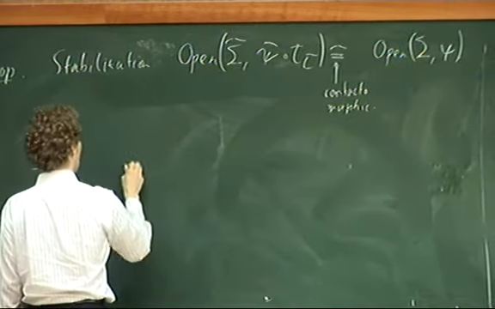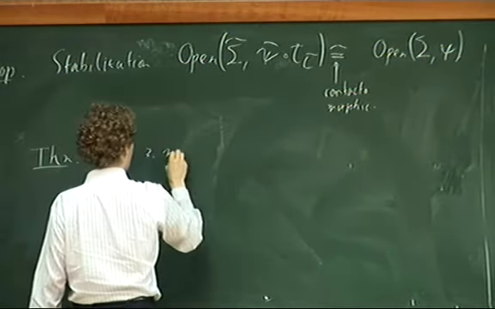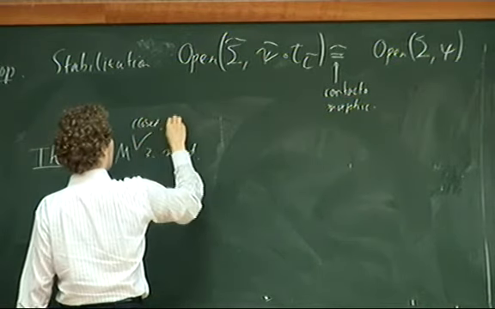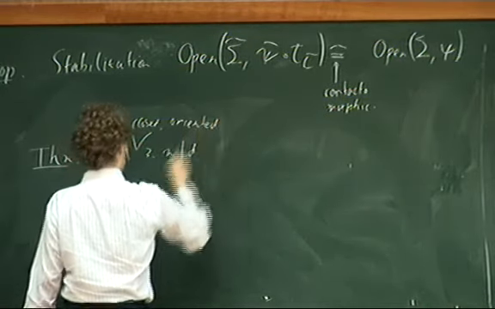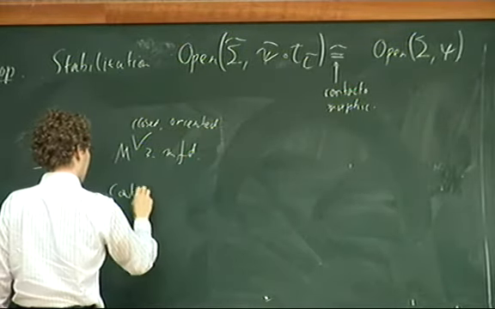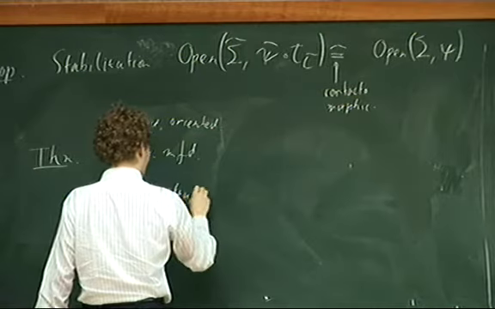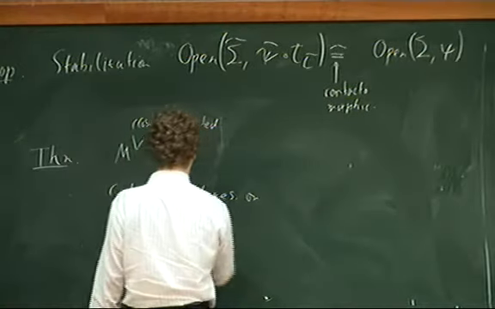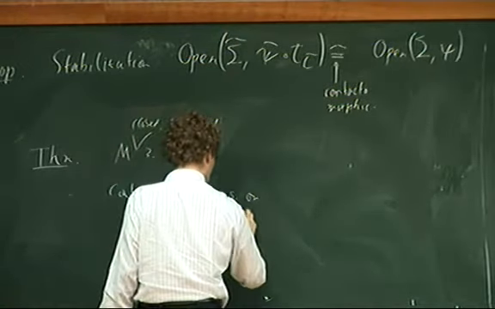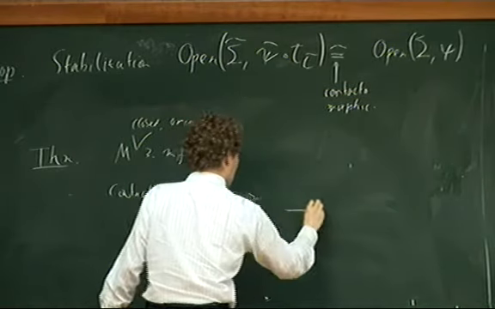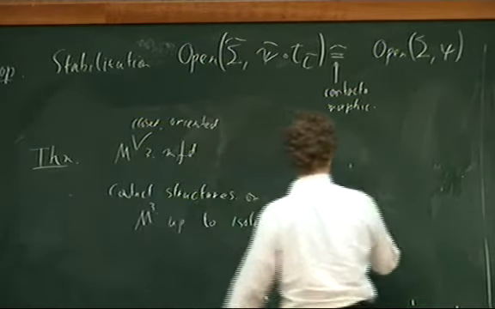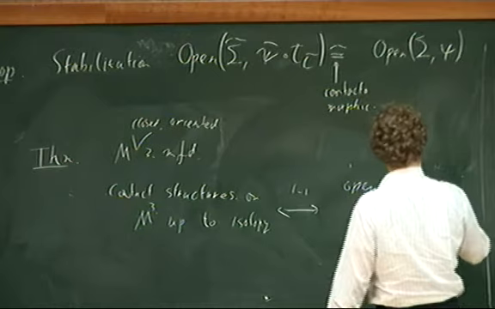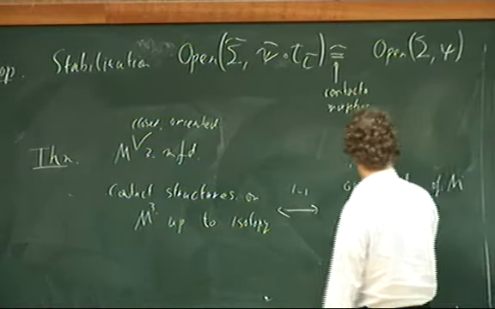Let M3 be a closed, oriented manifold. Then contact structures on M3 up to isotopy are in one-to-one correspondence with open books of M up to stabilization.